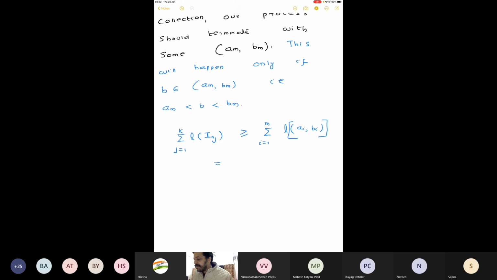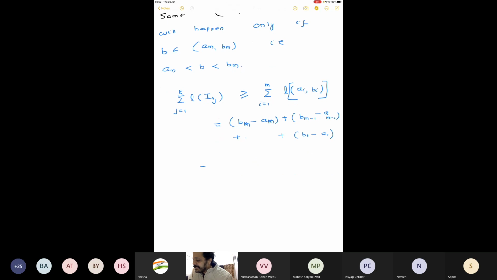Okay, and this is equal to bk minus ak, bm minus am, sorry, plus bm minus 1 minus am minus 1, plus etc., plus b1 minus a1. That is the length of each interval I am summing, and let me rewrite it in a suitable way.